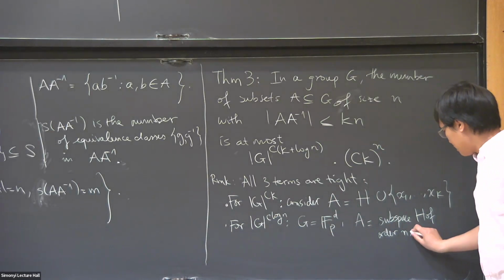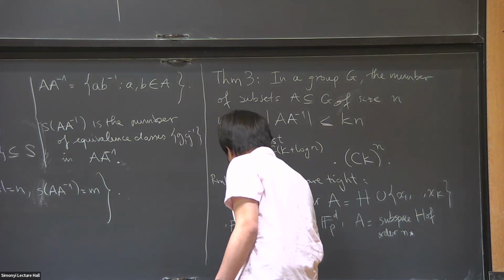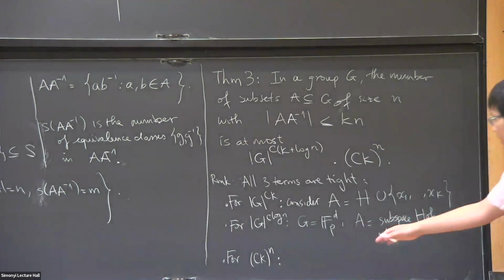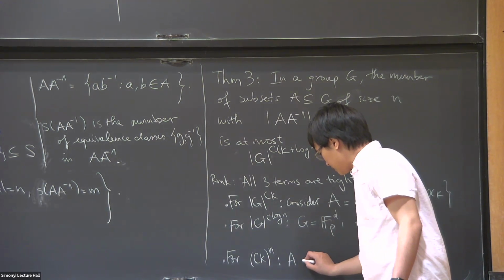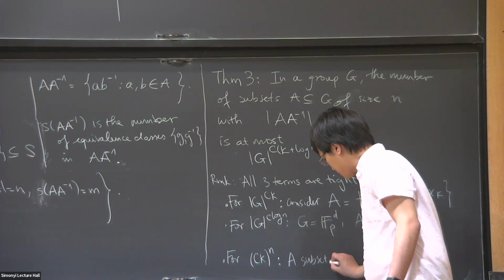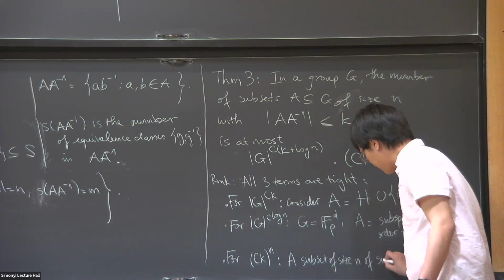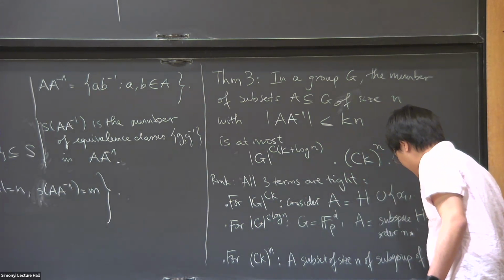Now, for the last term, what we can do is just take a subset of size n of a subgroup of size k times n.